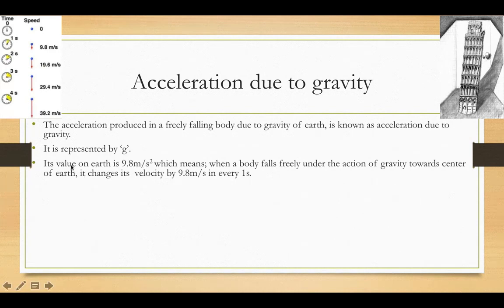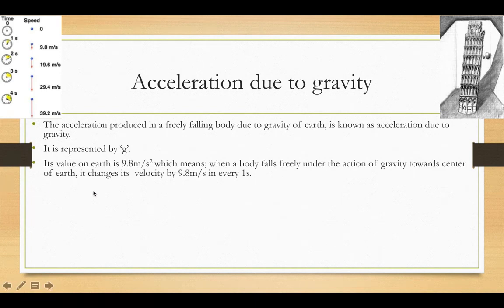Its value on different heavenly bodies is different. Like the value of acceleration due to gravity on the Moon is 1.6 meter per square second. Similarly, the value of acceleration due to gravity on Jupiter is 25 meter per square second.